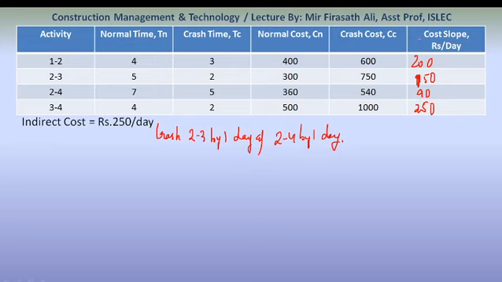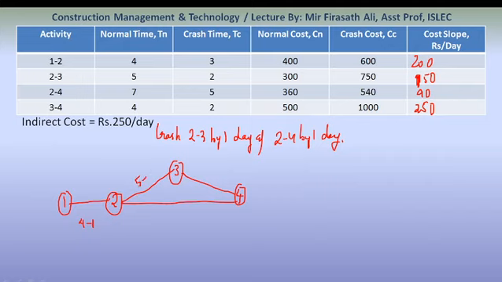Okay, so now let us see. 1, 2, 3, 4, this is also 4. So this we have crashed it for 1 day. Okay, 4 minus 1, we have already done this. Now let us do this 5 minus 3. This is also 7 minus 1. Let us keep this 3 to 4 as it is, 4 days.